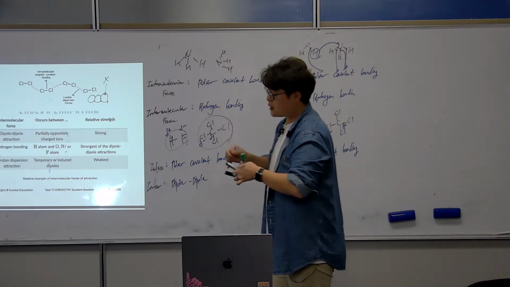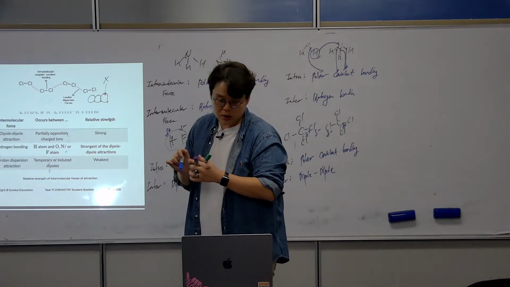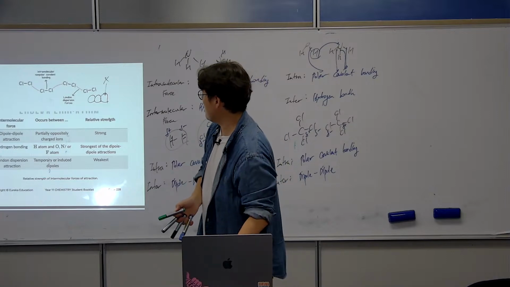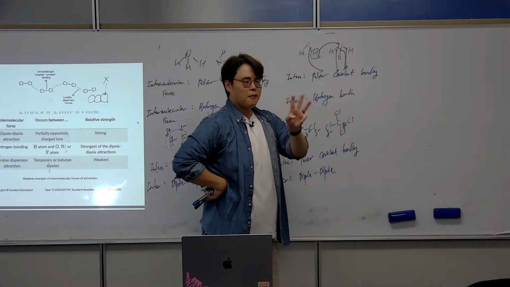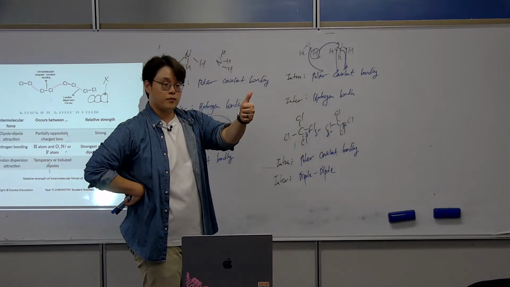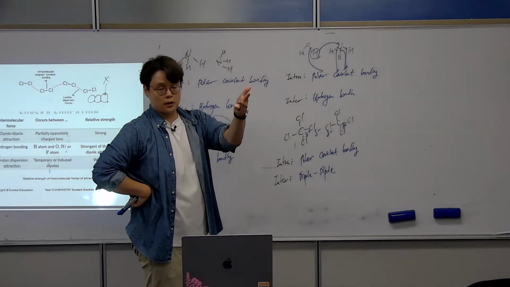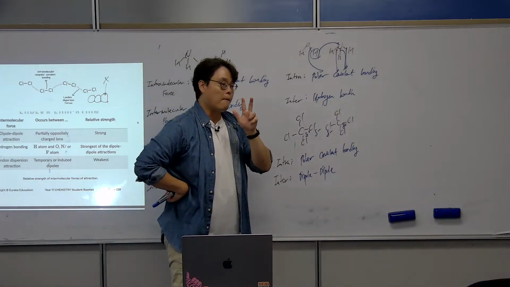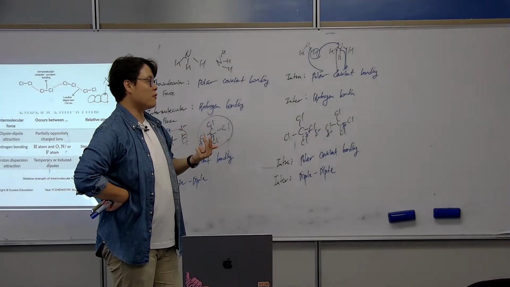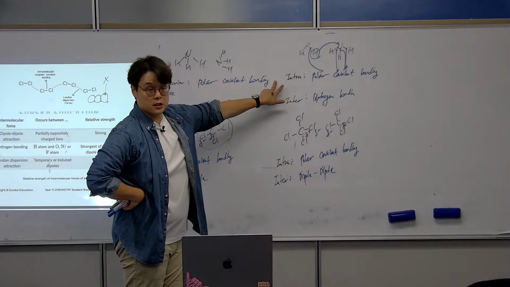Does it make sense? Yes. So this is what you need to understand about intra and intermolecular forces. Only three things you need to remember: dispersion, dipole-dipole, hydrogen bonding. That's it. It's not that complicated, but I'm sure you will get confused about intra at a certain stage.